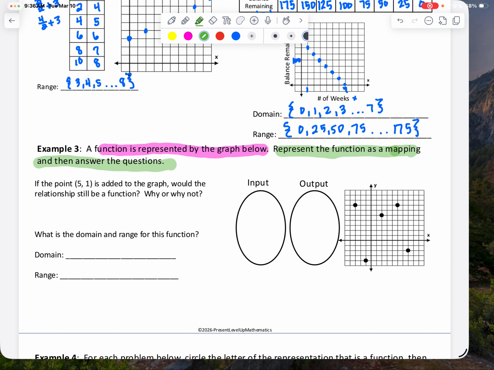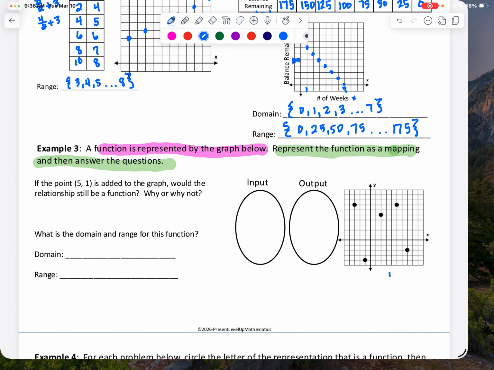All right, so let's look at our graph. To make the mapping, what I want to do is convert this graph into a table of values. So I'll put X here, Y here. If I start on the left here, 1, 2, -3, 1, 2, 3, 4, 5, 6, 7. So -3, 7. Then -1, 1, 2, 3, -4.